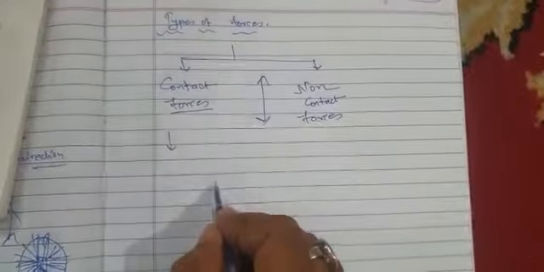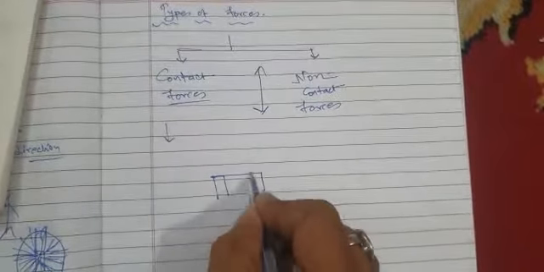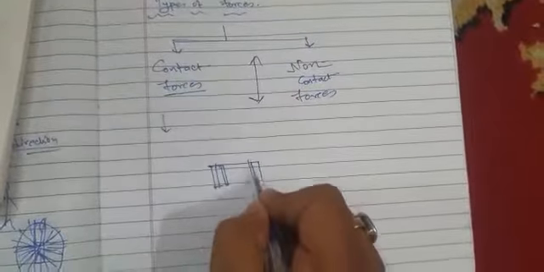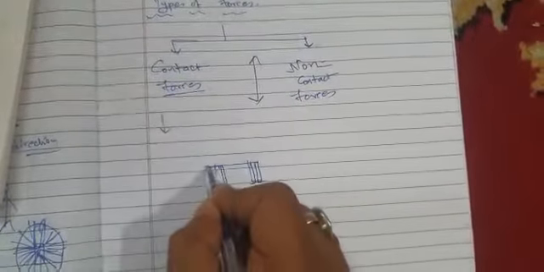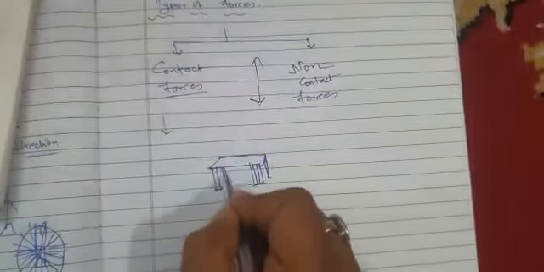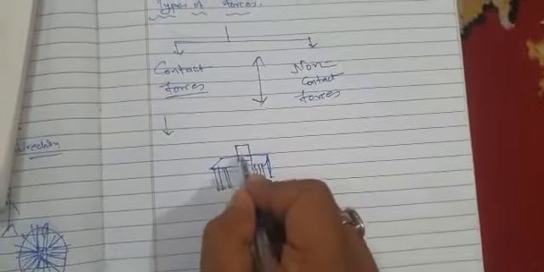First tell me, suppose there is a table, okay? Suppose there is a table, and on the table is kept a box.